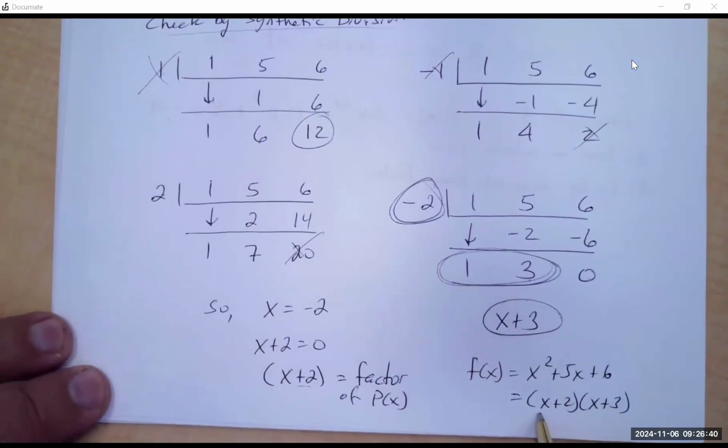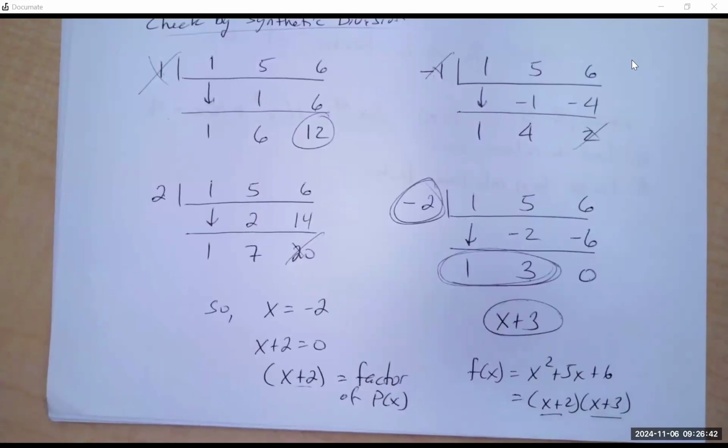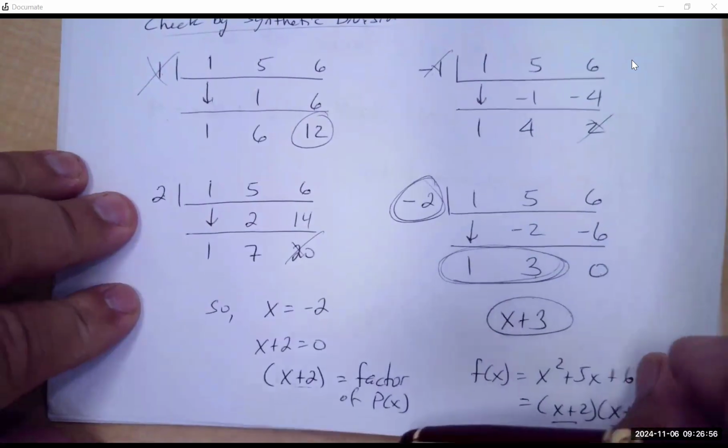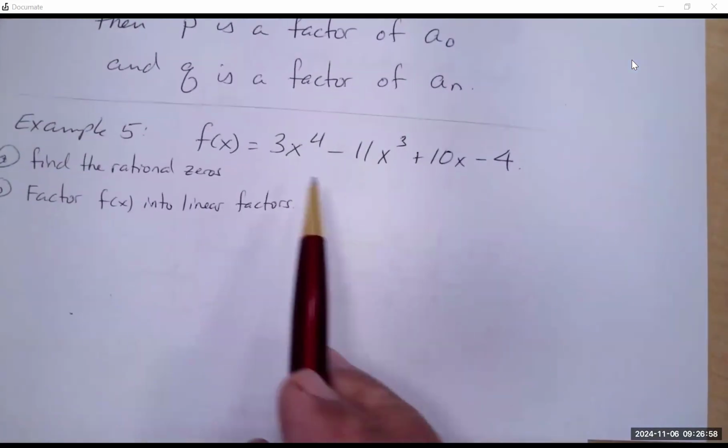And that's what part B says. Put your function into linear functions, or linear factors. So that's what we're going to use this for. So let's go back to our initial question. Let's work this one out.